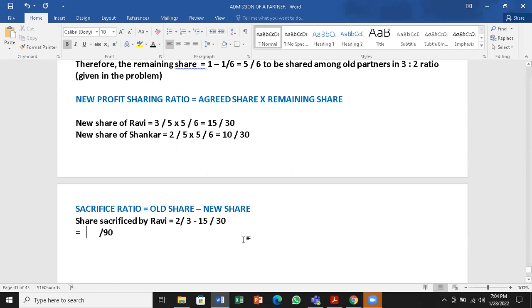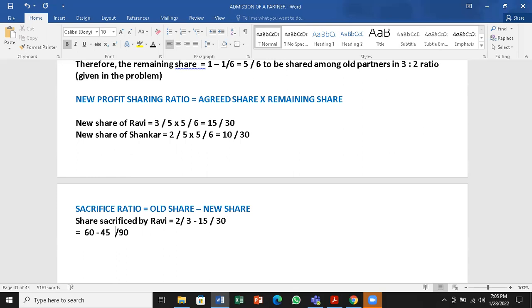Then we have to go for further working. 90 divided by 3, 30 into 2, so 60 minus, next 90 divided by 30 into 15, it is 45.